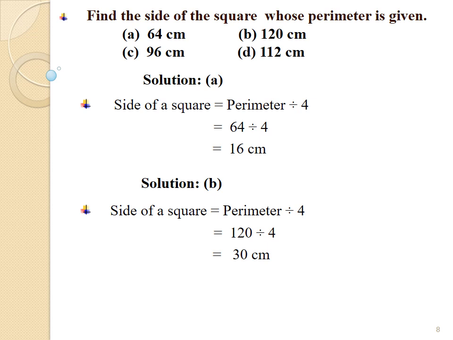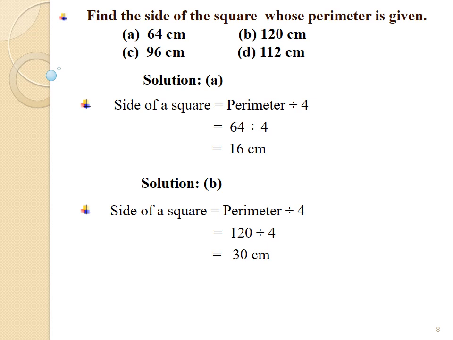Now, question number 3. Find the side of the square whose perimeter is given. Students, in this question, we have to find out the side of a square and we have been given perimeter of a square. Students, if the perimeter of a square is given, then we can find out the length of each side by modifying the perimeter formula.